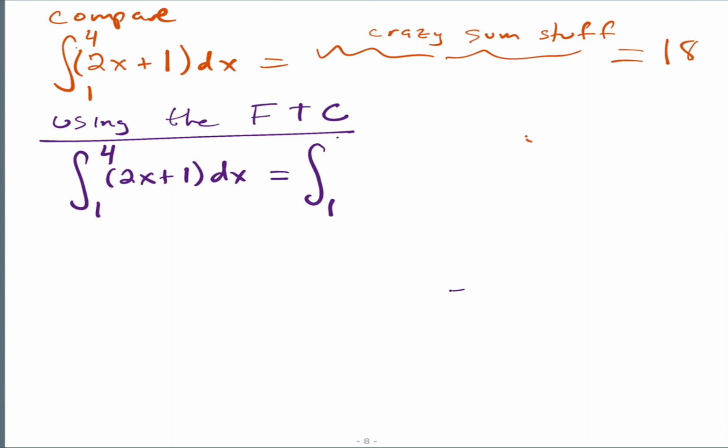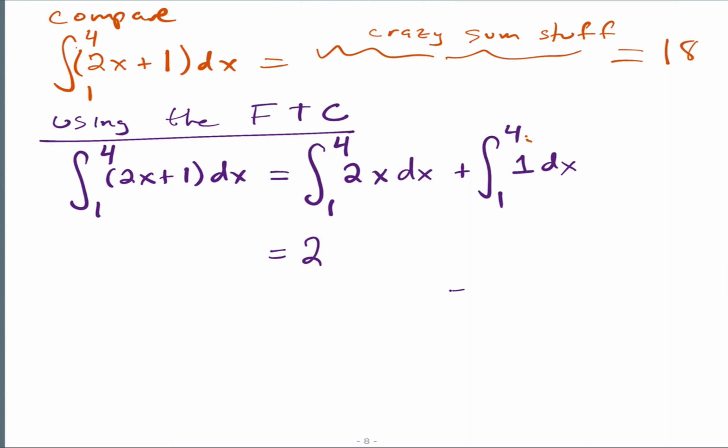So here we're going to break this up into the integral from 1 to 4 of 2x dx plus the integral from 1 to 4 of 1 dx. So that was the property that you can break up the sum of two functions into separate integrals. Yes? Okay, then what else can I do? What other property? I can factor out the 2, right?